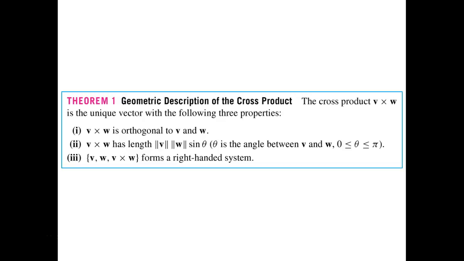So the cross product is a unique vector, one and only one vector, with the following three properties. The cross product of V and W is orthogonal to V and orthogonal to W. And here's a new one. V cross W has a magnitude, or length, magnitude of V times magnitude of W times the sine of theta. That looks pretty familiar, doesn't it?